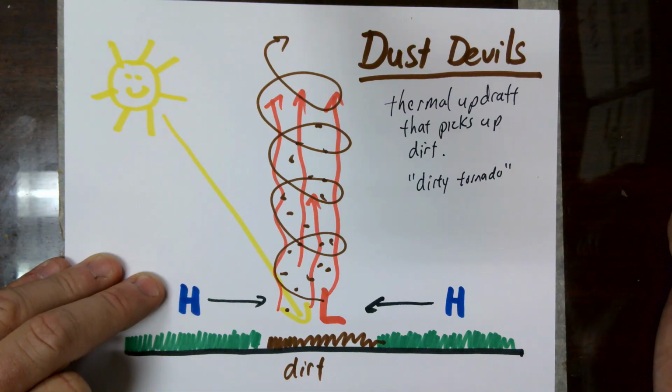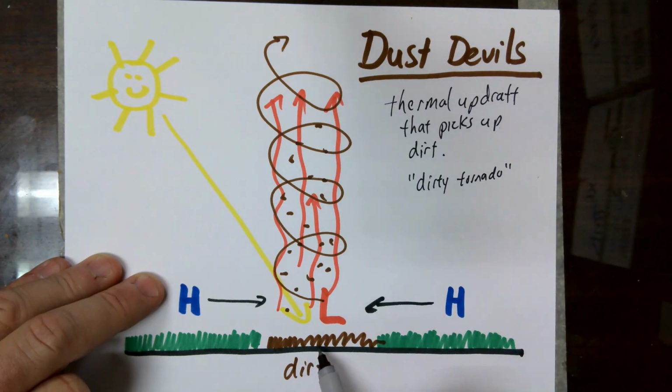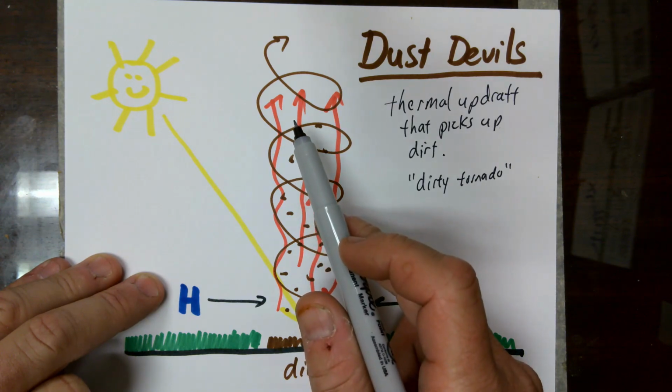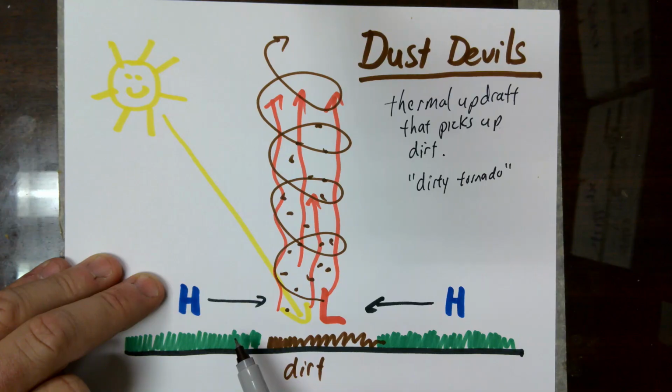Now, some questions about these dust devils. Where would these happen? Well, they can only happen where we have a small patch of dirt that the hot air can pick up as it rises, typically next to some place that is a little bit cooler. So, for example, you get these on baseball fields a lot.